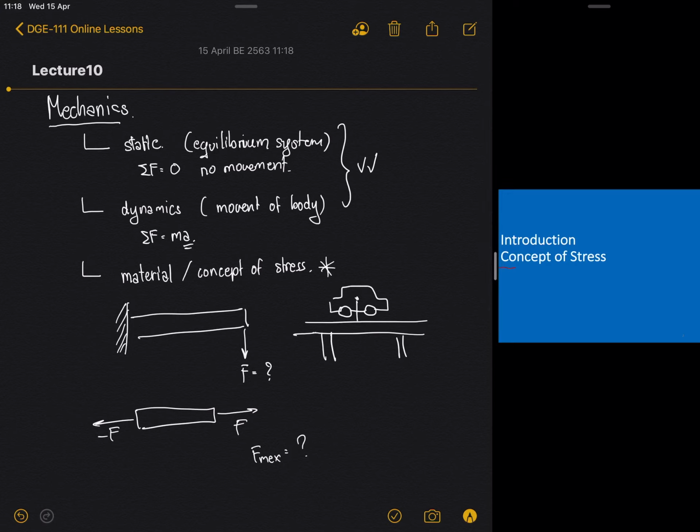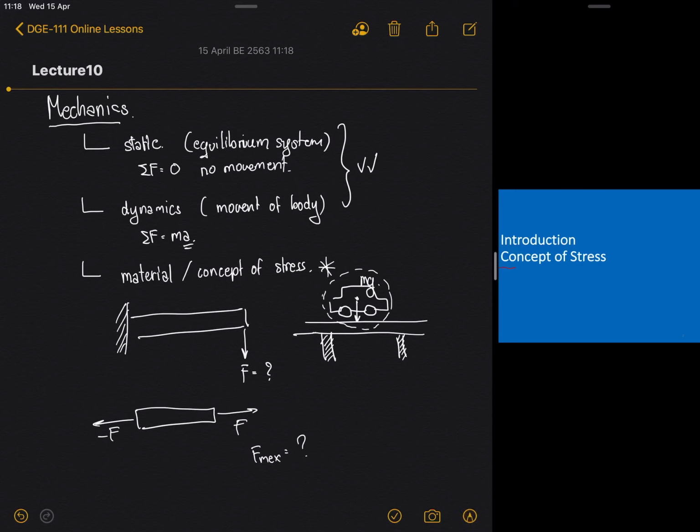The car itself has mg, the weight of the car applying on the bridge, and maybe you also have to calculate how much this kind of pillar can withstand this load from the car.